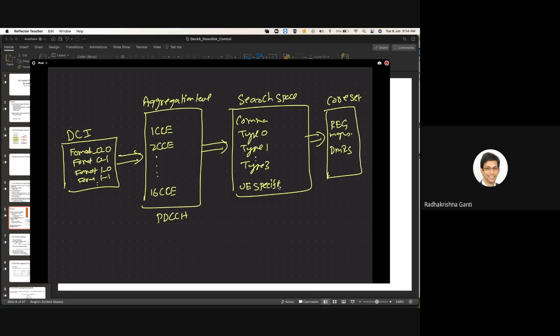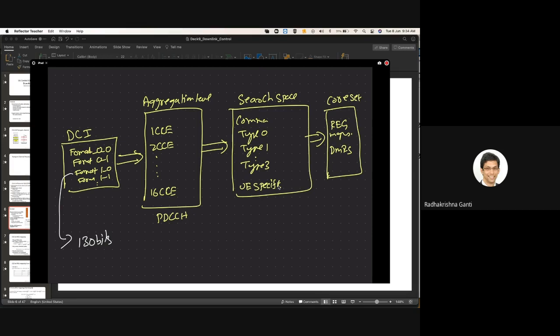Okay. Let's take the example of format 10. Format 10 may have 130 bits or something. I'm just giving an example; this is not concrete. I don't know exactly how many bits it has, but say 130 bits.